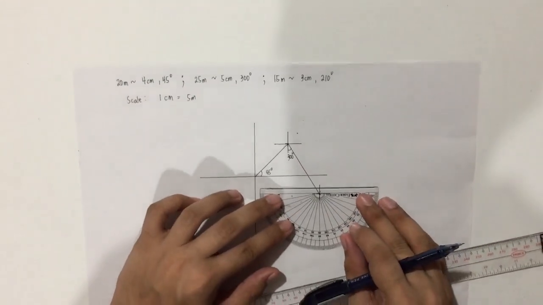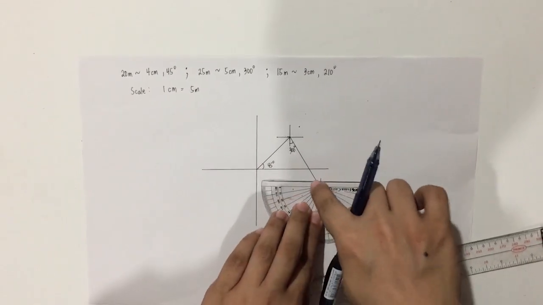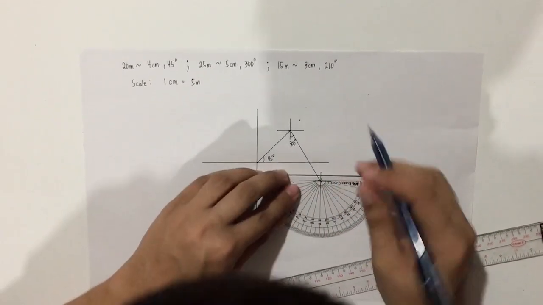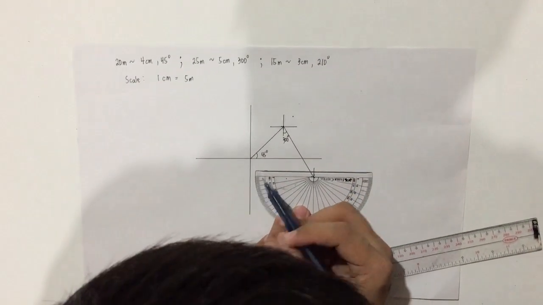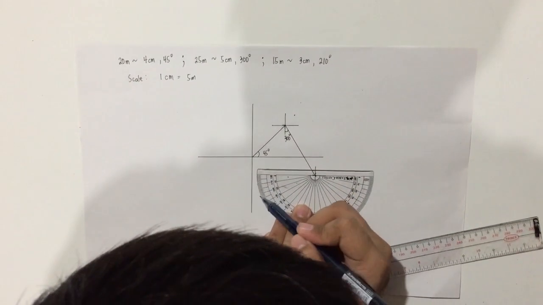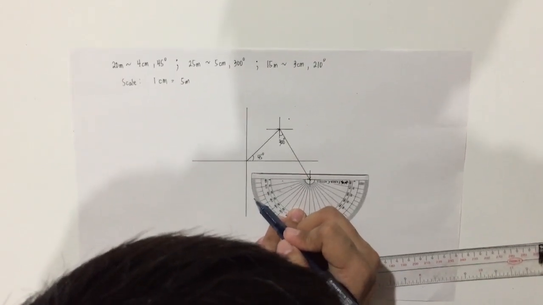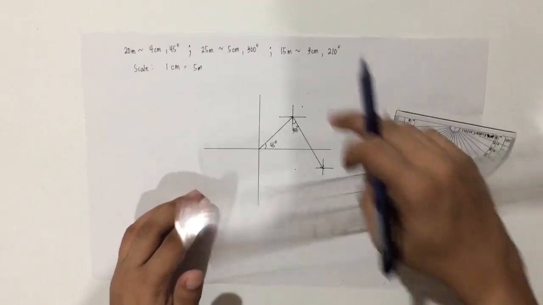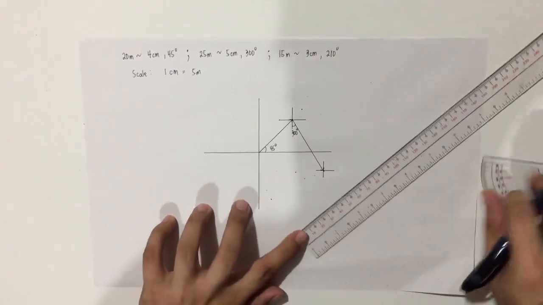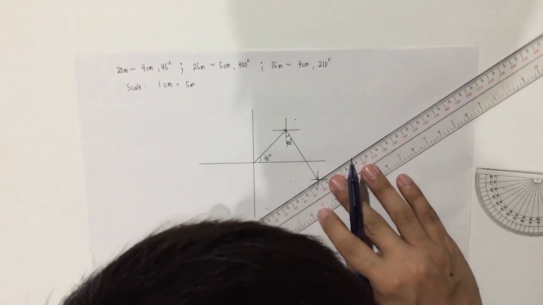Using a protractor, we know now we're done with the first quadrant, second quadrant, and third quadrant, 180. So we just measure the remaining angle to reach 210. Using a protractor, put a dot so that it is our marker for the 210 degrees.